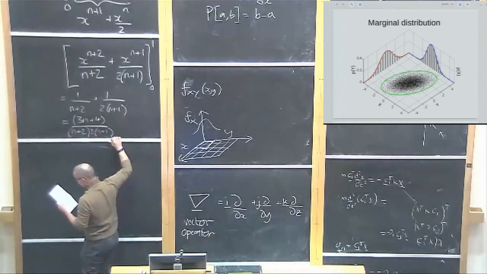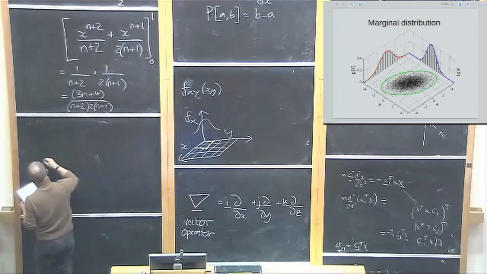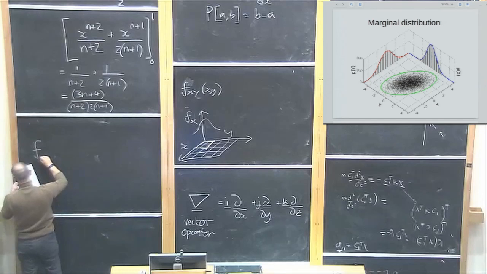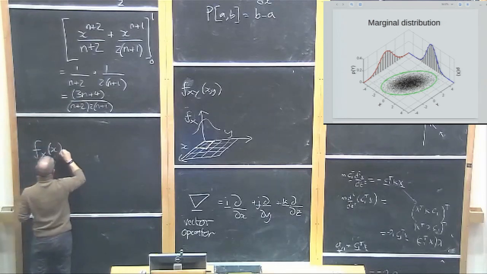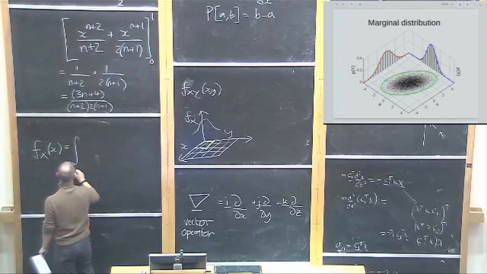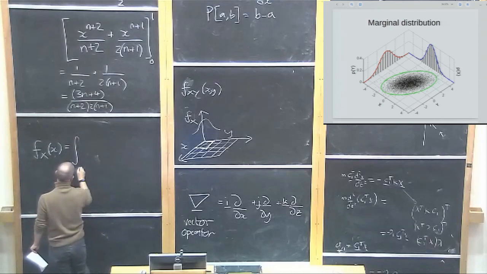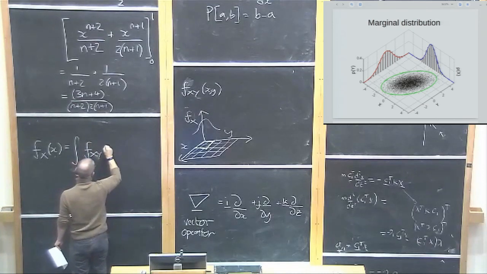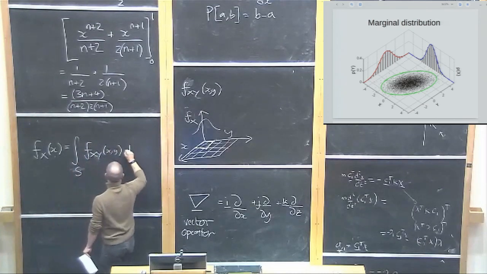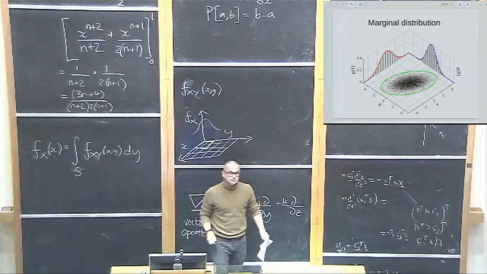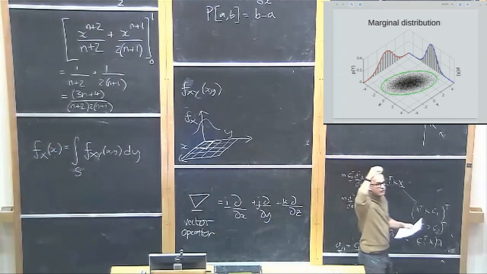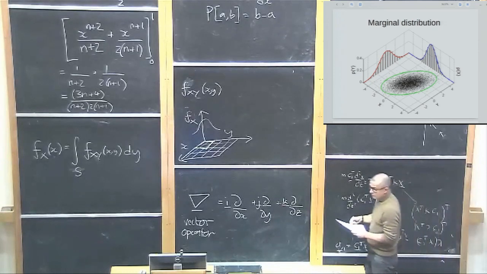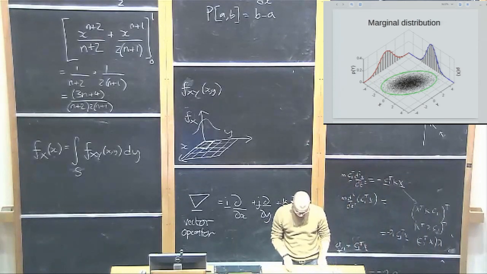So if I have a two-dimensional probability distribution, the one-dimensional or marginalized version is the integral over the whole of the sample space of my two-dimensional function with respect to dy. I've integrated along all the dy's to get something which is now only a function of x, and similarly for marginalizing in terms of y.